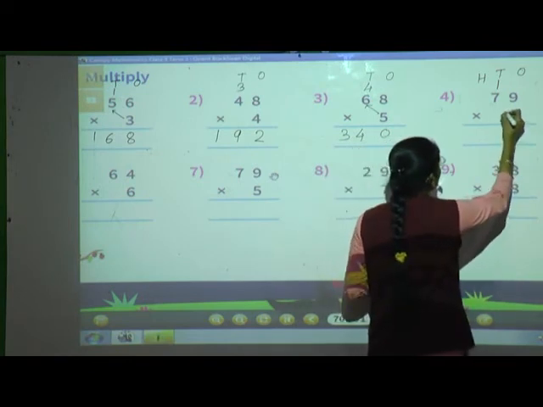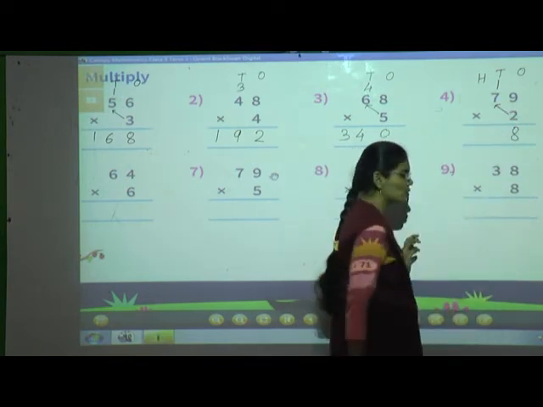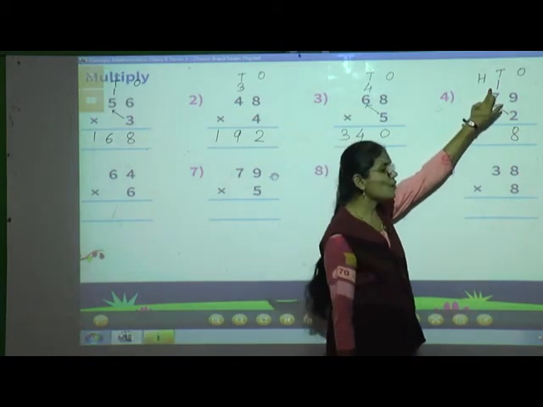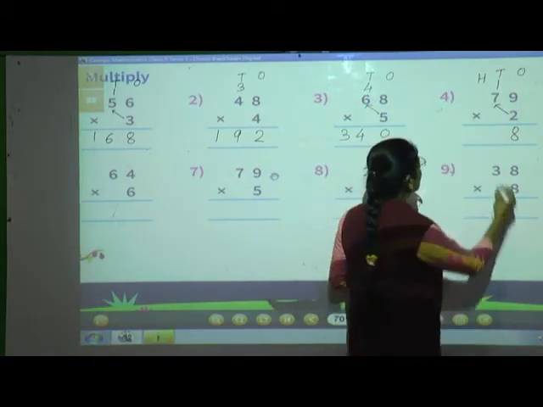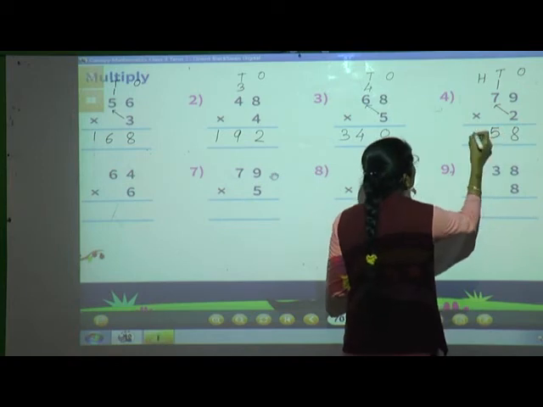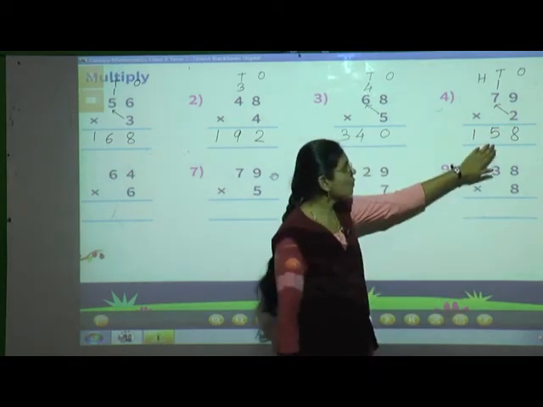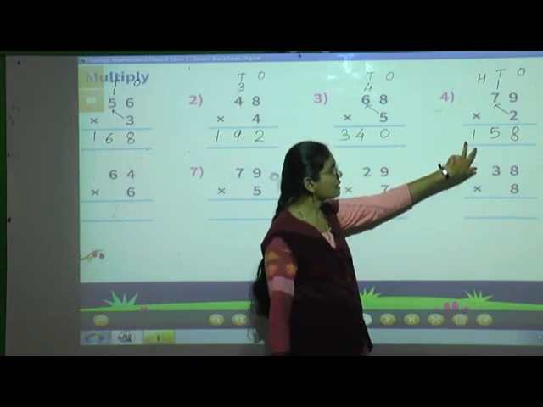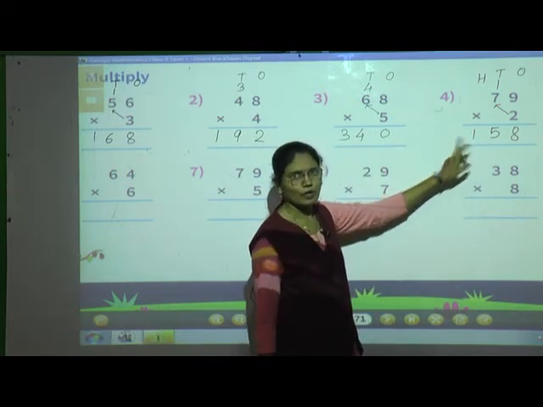Then 2 into 7 tens. 2 7s are 14 plus 1, 15. 15 tens means 1 hundred 5 tens. So at tens place we will write 5 and at hundreds place we will write 1. Okay.